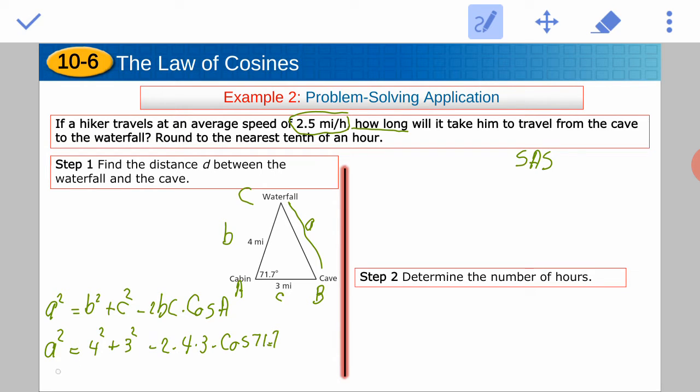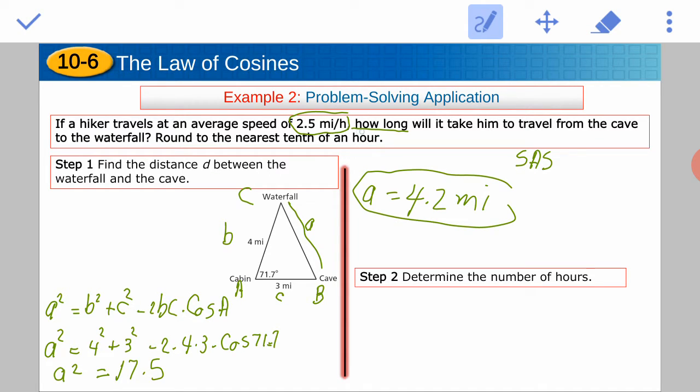If you put all this in the calculator, you will get a squared. I have computed a squared and it's 17.5. Remember guys, we need the distance from the cave to the waterfall. To get the distance, you need to take the square root of both sides, and the distance is going to be 4.2 miles.